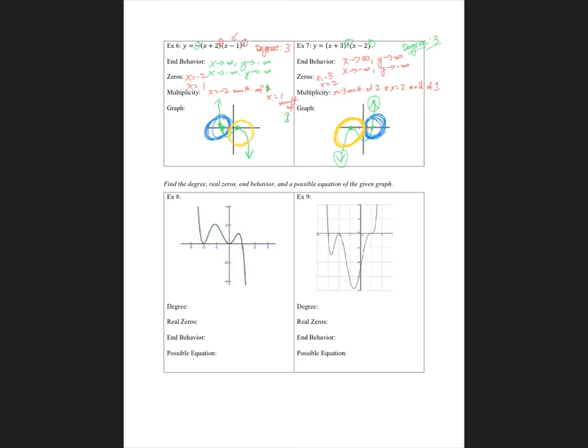So let's find out. At negative 2, hopefully everybody watching the video can tell me that at negative 2, do you guys agree I have a multiplicity of 2, yes?